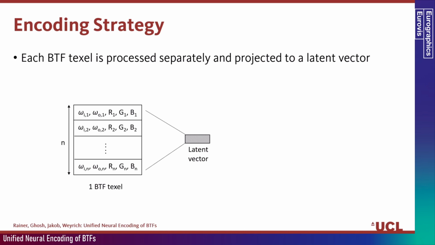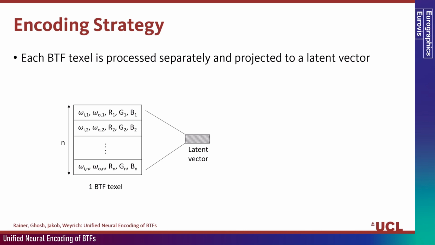To recap, a BTF texel is essentially a list of RGB reflectance measurements with the associated light and view angles. We need to be able to process texels from different BTFs with potentially different structures. This means we cannot make any assumptions about the length, n, of the list of measurements, nor about the specific angles in that list.